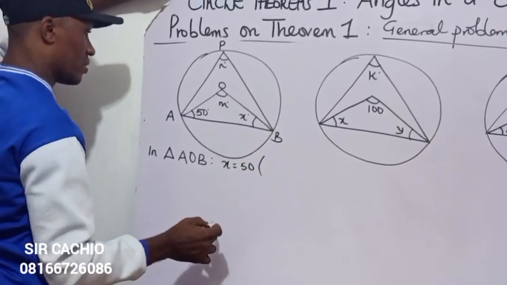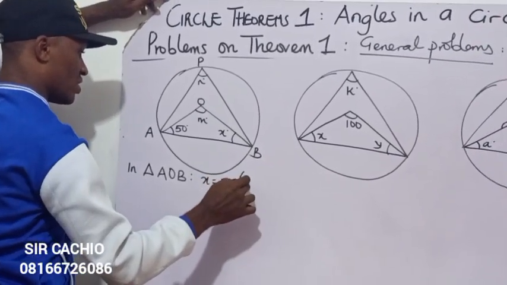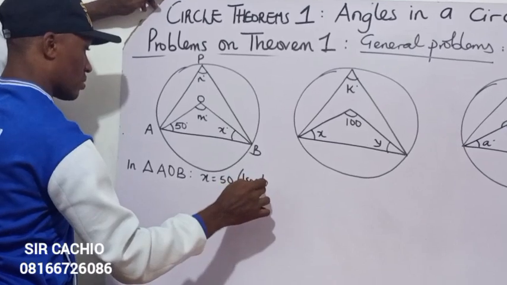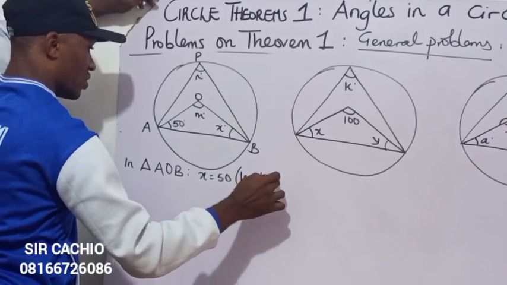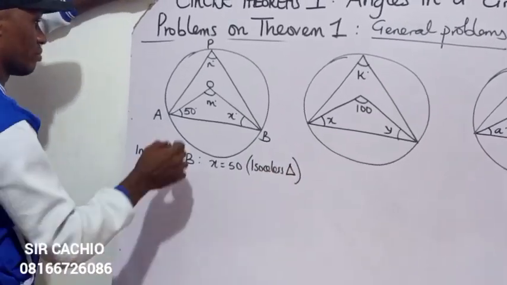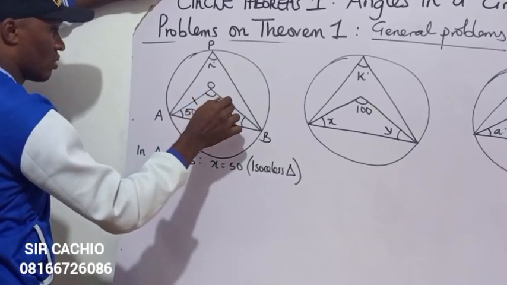What is the reason? Isosceles triangle, because this place is equal to this place.